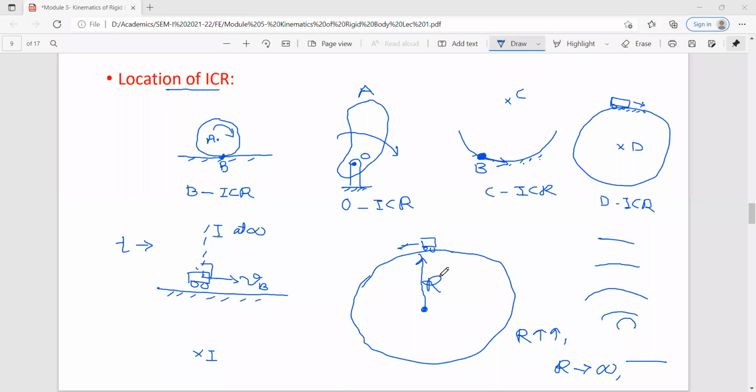Okay, so point is that even when a point is moving in a straight line, even then you can prove that the path is not straight, it is a curve, and it is having some center of rotation, and you can also locate the ICR. Where is the ICR? If you are telling that the path is curved, then tell me where is its center, because the curve has a center.